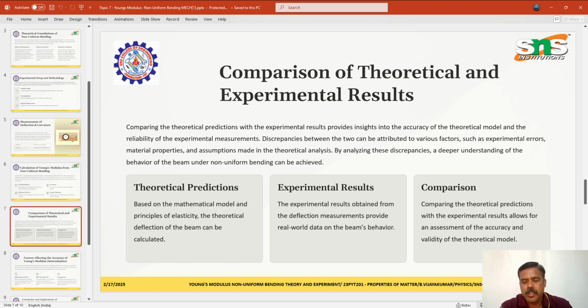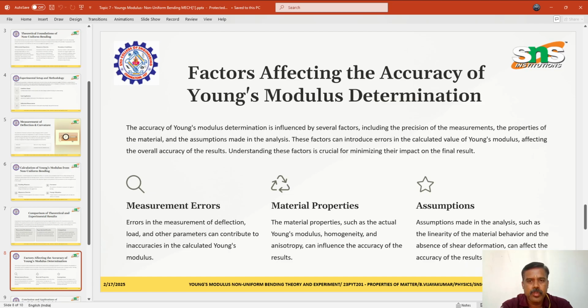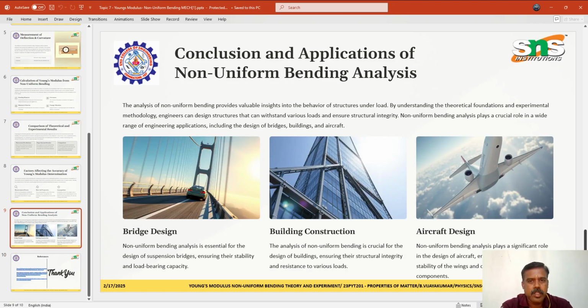Comparing the theoretical prediction with the experimental result allows for an assessment of accuracy and validity of the theoretical models. Factors affecting the accuracy of Young's modulus determination are measurement error, material properties and assumptions. These are the applications of non-uniform bending analysis: bridge design and building construction, and aircraft design.